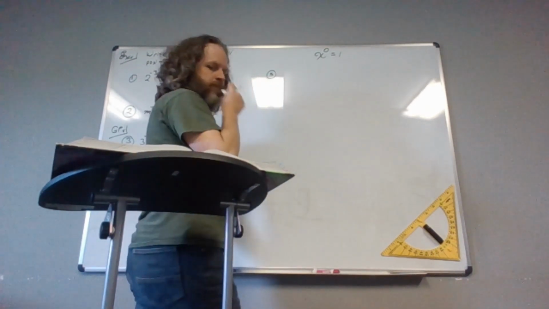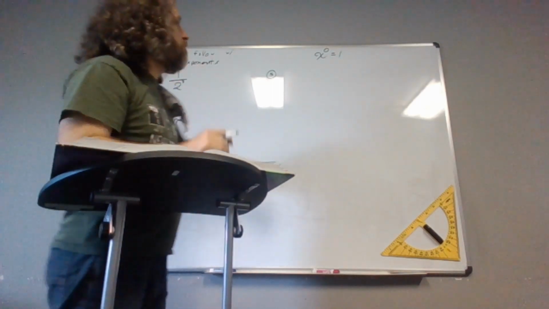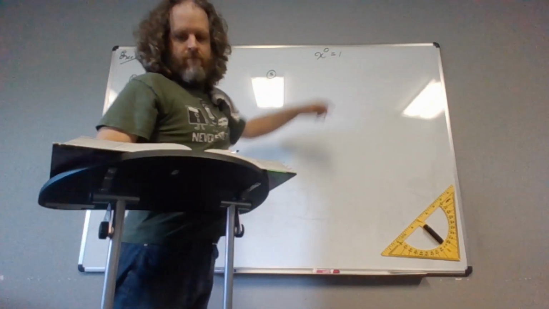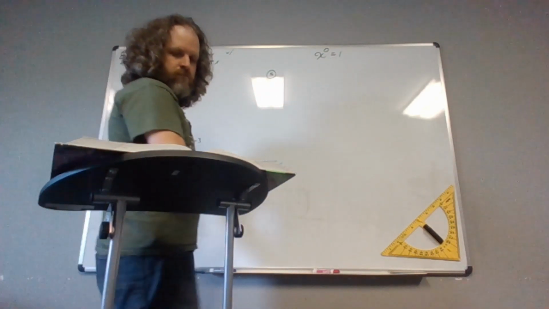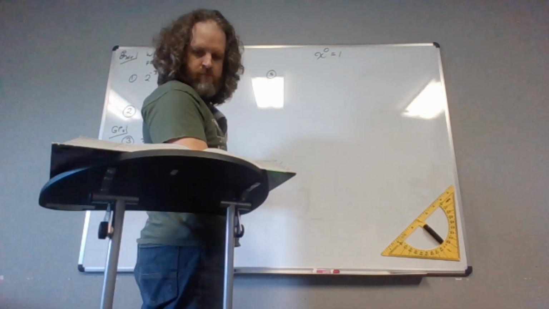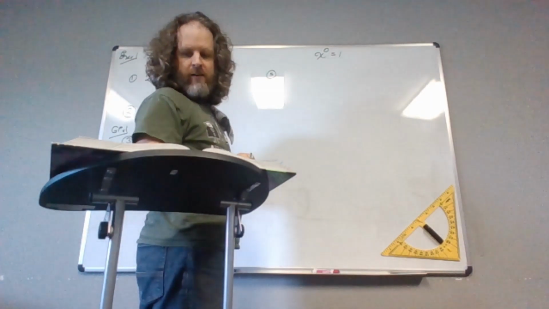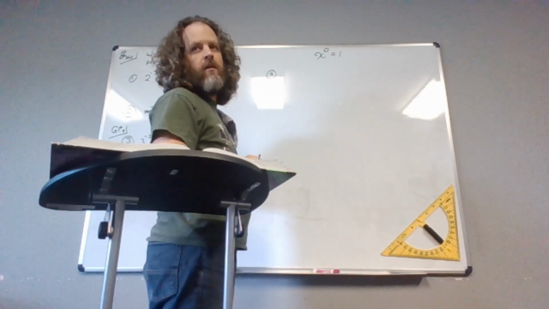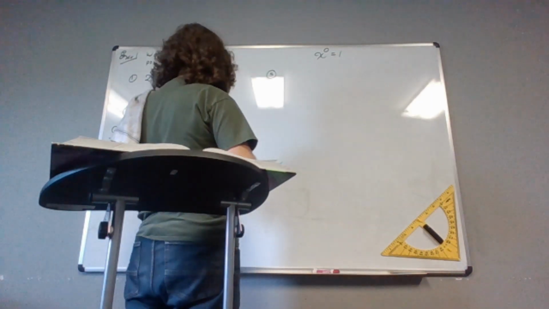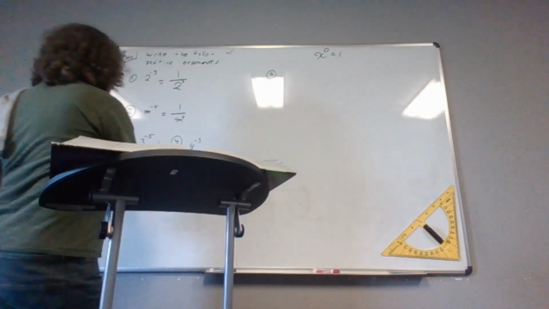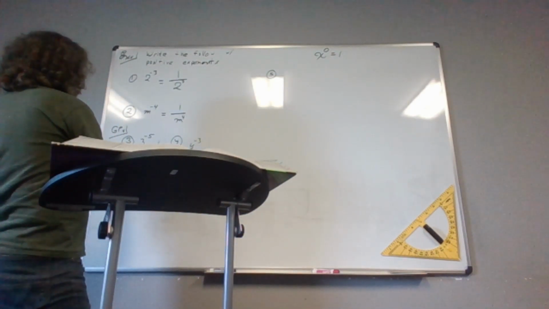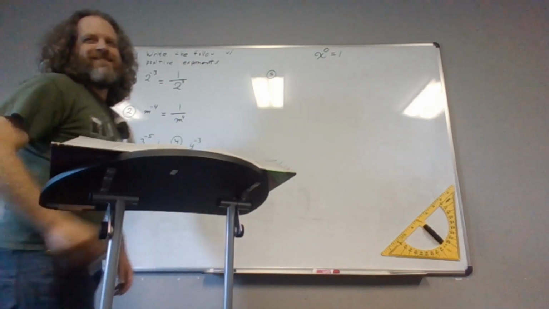Wait, anything to the 0 is 1? I already did 5. I don't know why that's a 5. That doesn't make any sense. Why would that be a 4?